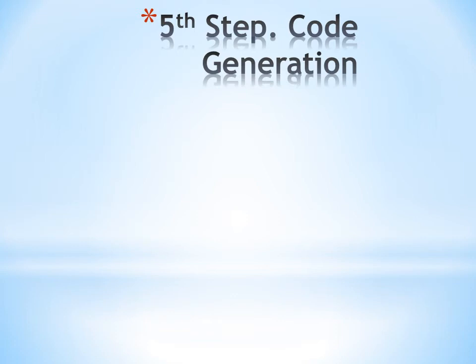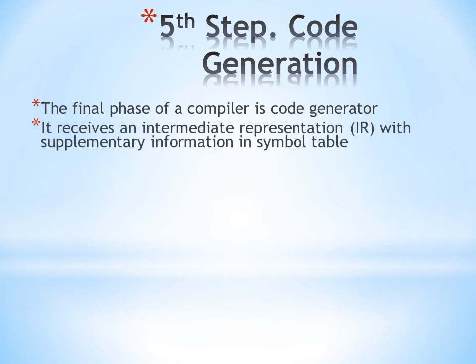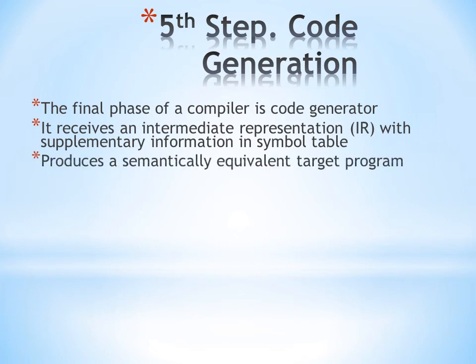Next, let's see about the fifth step of the compilation. It is code generation. The code generator receives an intermediate representation with supplementary information in the symbol table. It produces a semantically equivalent target program.